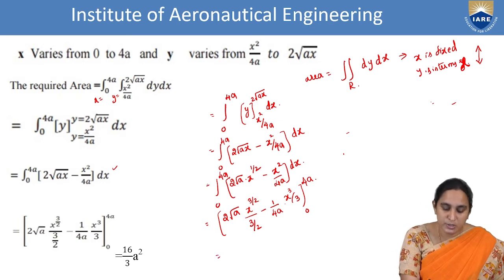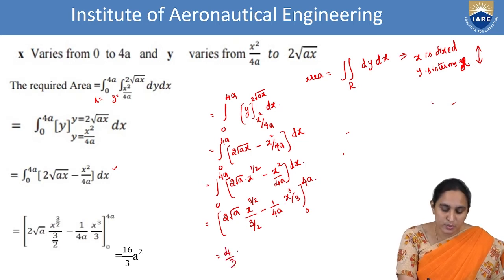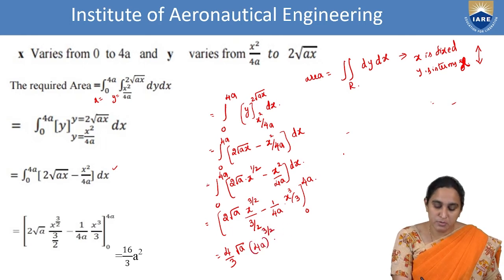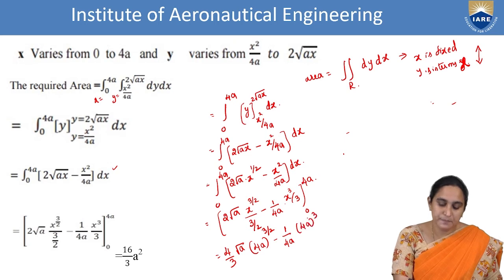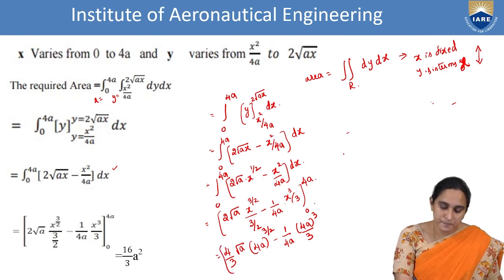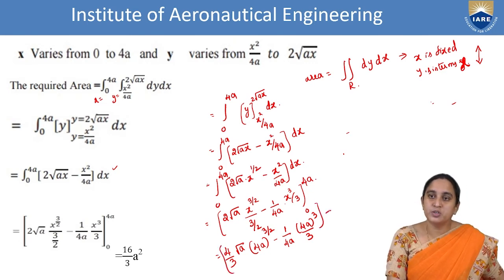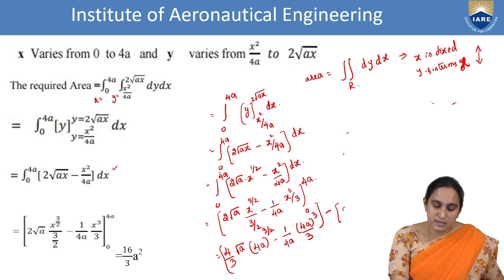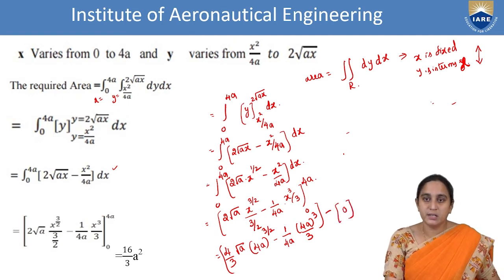Now substitute the limit points. That is 2 into, taking the reciprocal of 3 by 2 as 4 by 3, root a, and the upper limit of x, that is 4a whole power 3 by 2, minus 1 by 4a into the upper limit 4a whole cube by 3, minus the lower limit 0, which is completely 0.